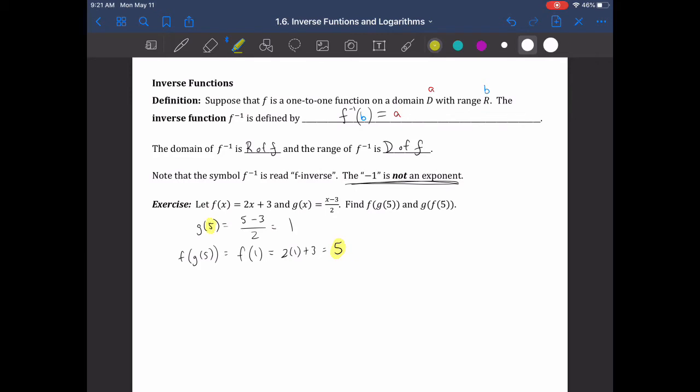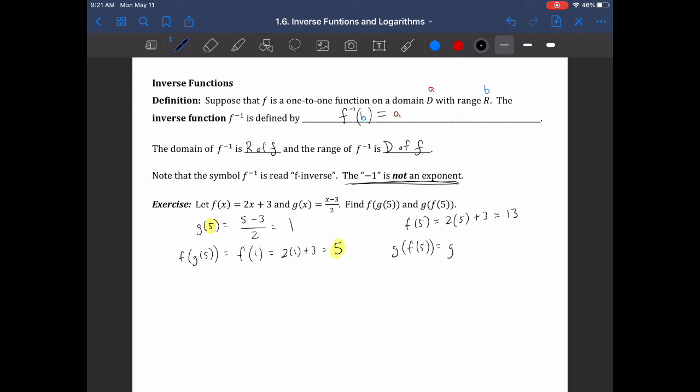So let's try the other one, g of f of 5. Let's find f of 5. That's going to equal 2 times 5 plus 3. That's 2 times 5 is 10 plus 3 is 13. And so now we want to do g of f of 5.